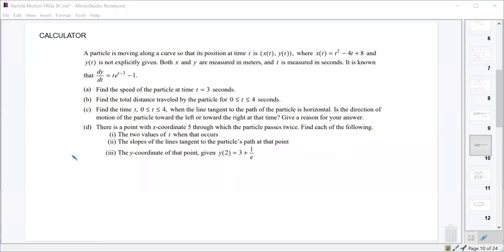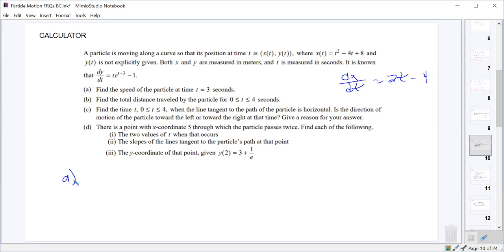Part A just wants us to find the speed. We've done the speed a bunch of times. We're looking for the speed at t equals 3. In this case, though, since we're not given dx dt, we have to find dx dt. So what's dx dt? dx dt ought to be 2t minus 4.